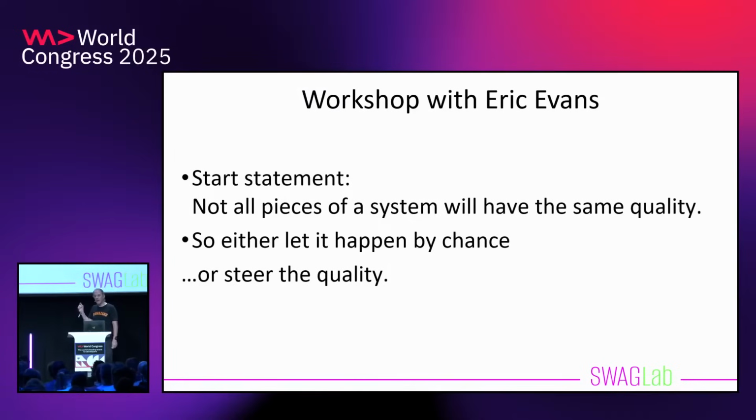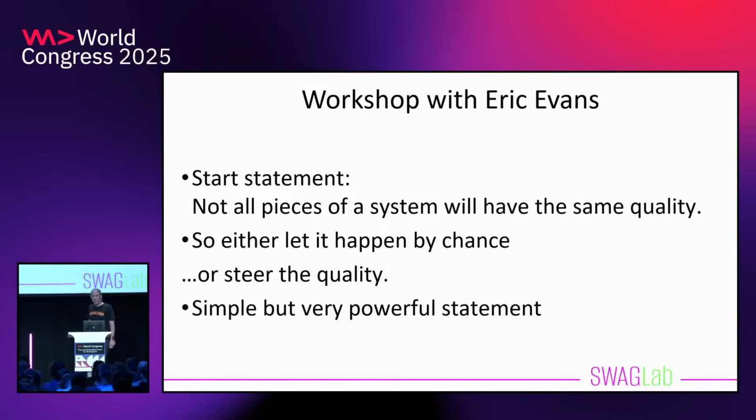And I think this is a very simple but powerful statement in a way, because there are people who say, well, we have to have the best quality in all parts of the system. And while this sounds like a good idea, it's actually not.